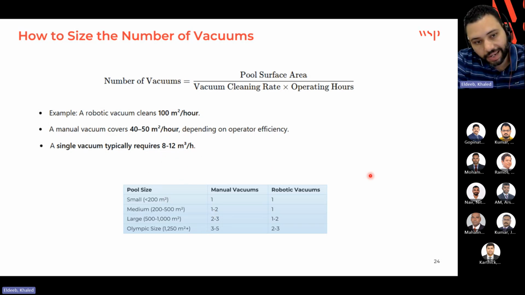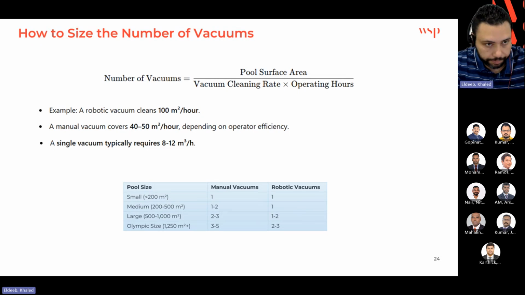This table is a rough estimation you can use to size the number of vacuums. For a small pool of less than 200 square meters, one manual vacuum is enough, then medium and so on. The same for robotic: one machine, two machines, three machines, and so on. You can calculate it or directly use this table as a rough estimation.